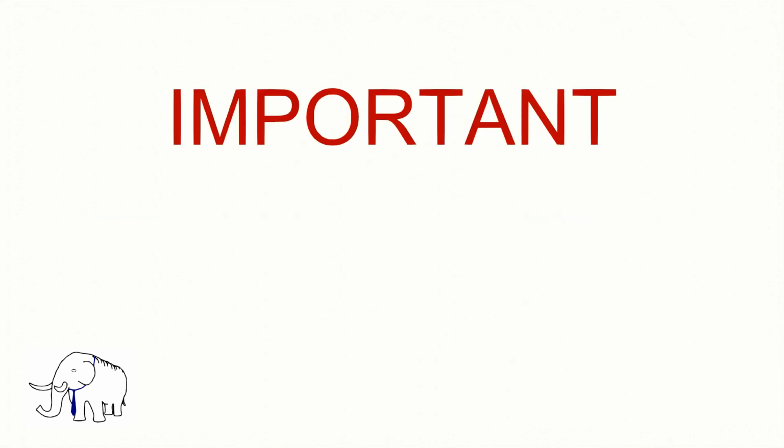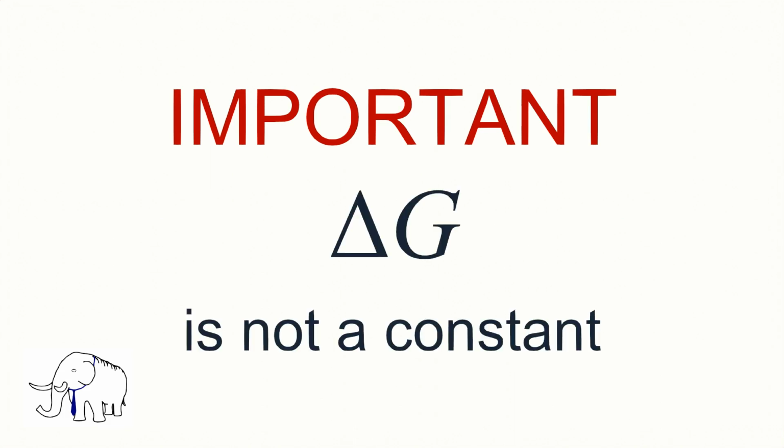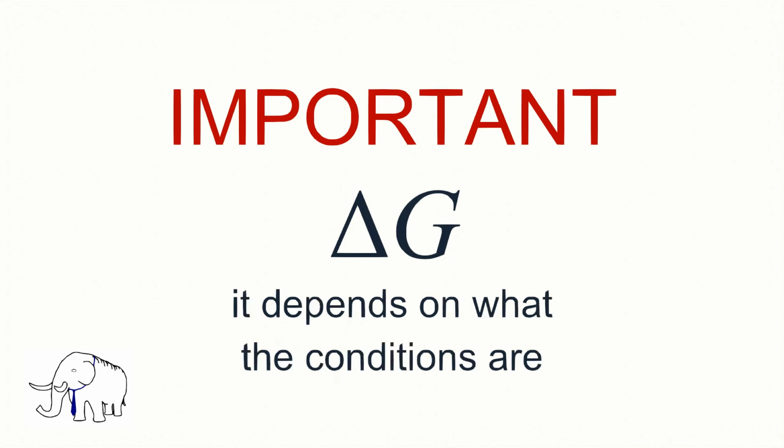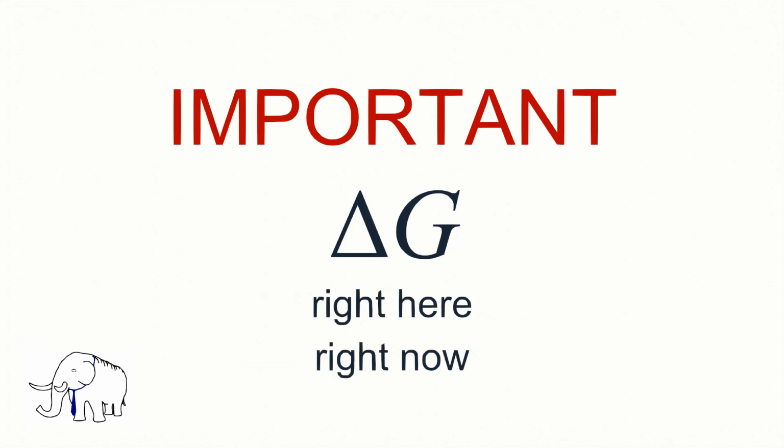This is an important point, actually. Delta G is not a constant. Delta G is not a fixed number. The delta G of a reaction can change from day to day and from moment to moment, depending upon what the conditions are in this system at this particular moment.